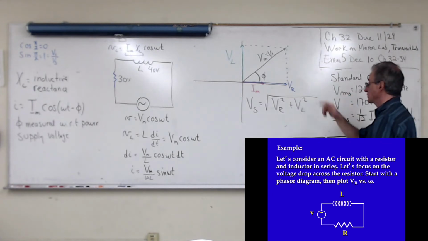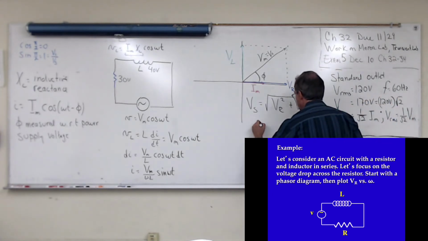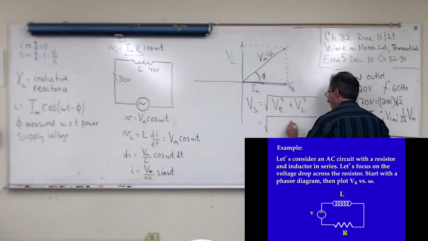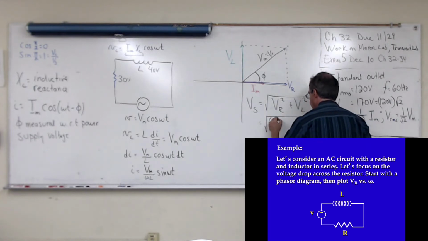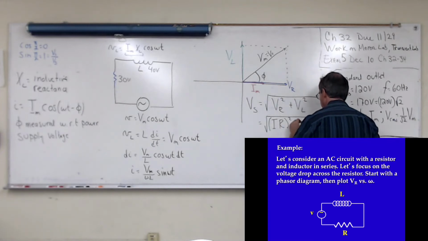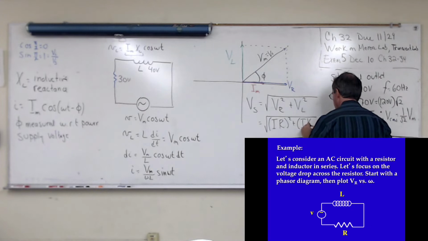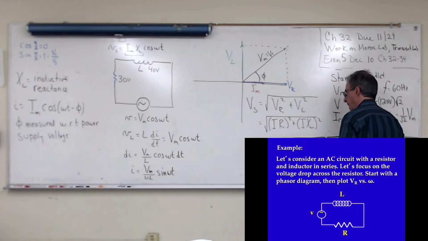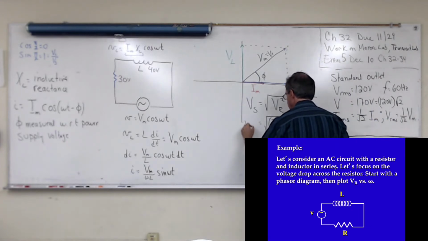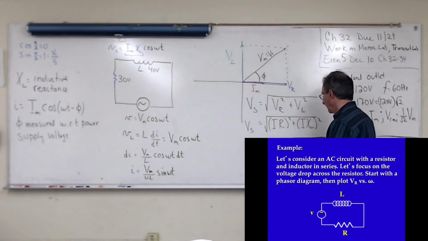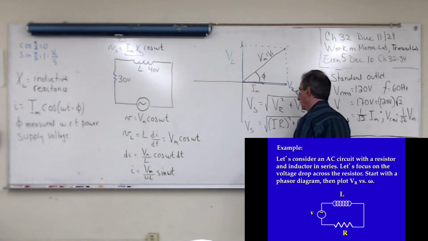Well, they're both going to have the same current through them, so I can write this in the following way. And I can factor out the I from this thing.